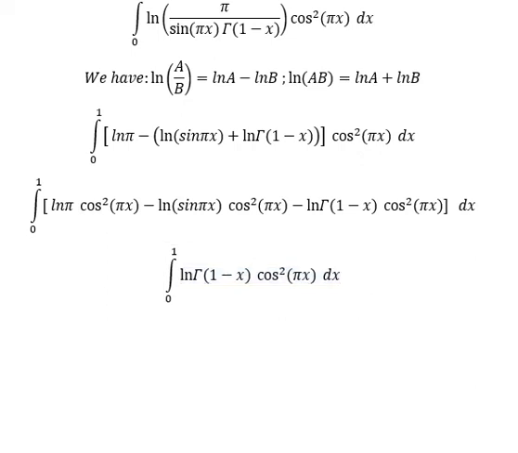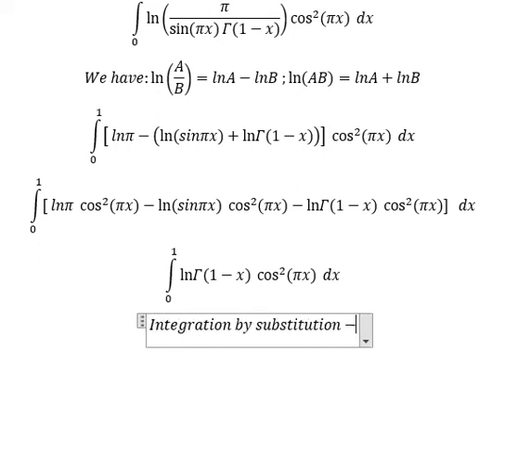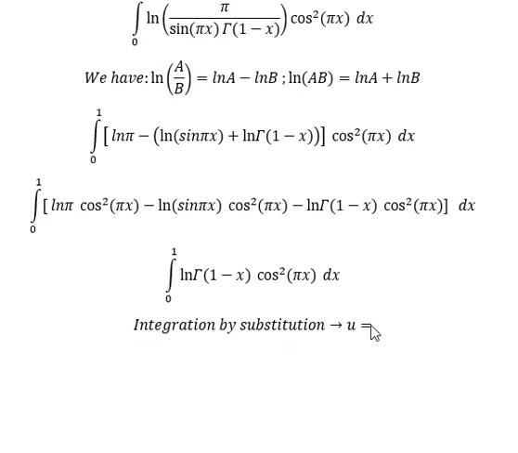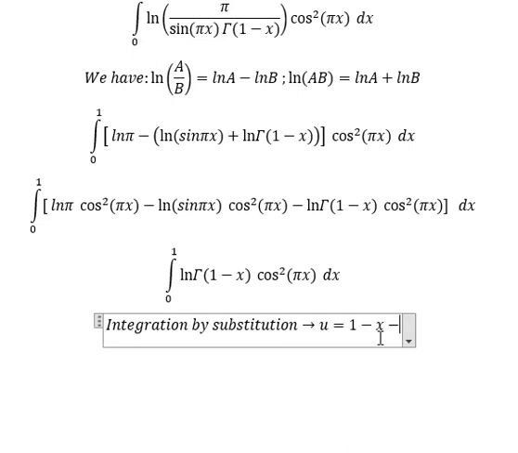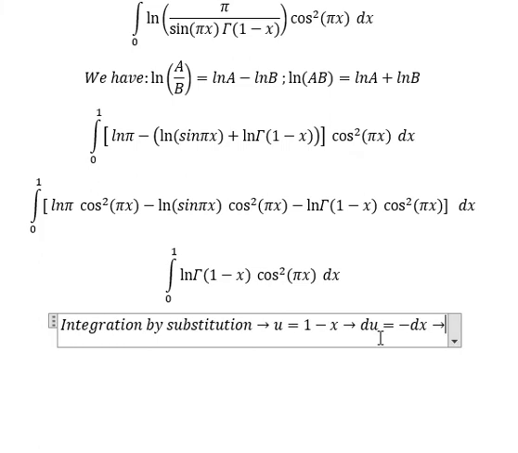So we need to use integration by substitution. So I will put u equals to 1 minus s. So if we do first the derivative for both sides, we have du equals to negative ds. Because we don't have the negative ds in here, so we put this one go to the left.